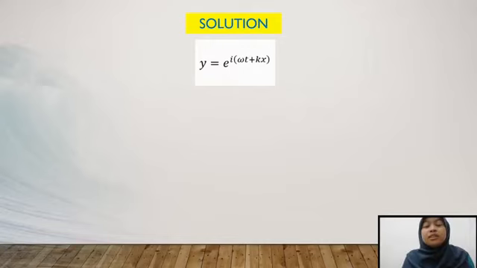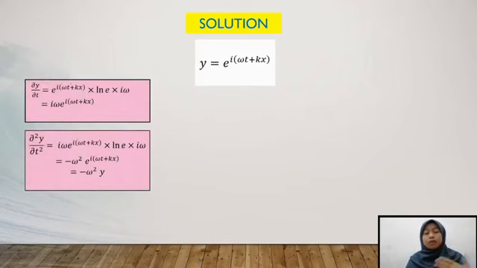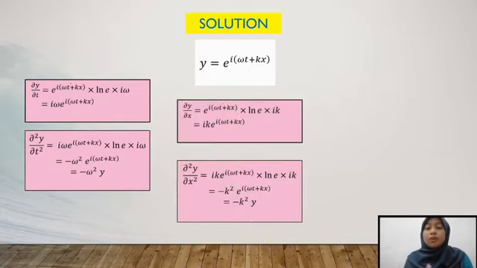The second order partial derivative of y with respect to t is equal to negative omega squared y. And for the second order partial derivative of y with respect to x, we got negative k squared y.